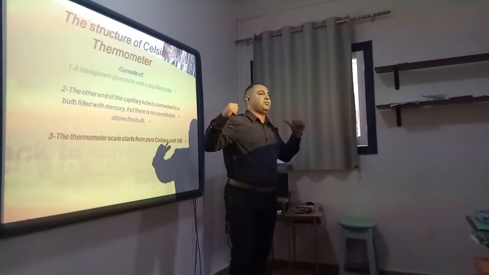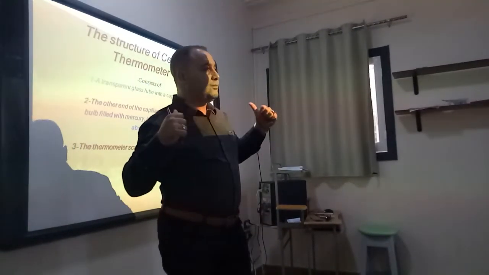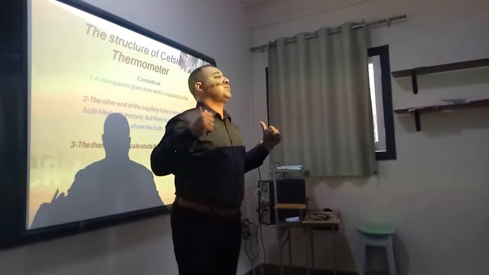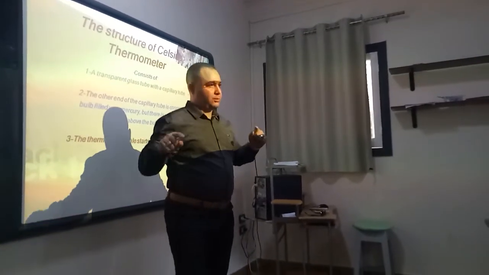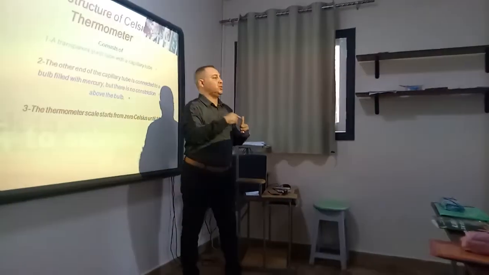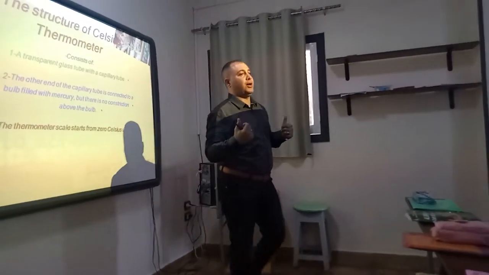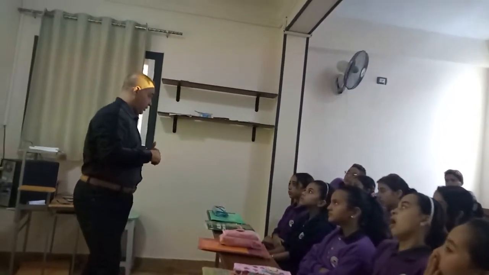But in the clinical thermometer, the graduation is from 35 to 42, while Celsius is from 0 to 100 or 200, because water boils at 100 and freezes at 0 degrees. Okay?